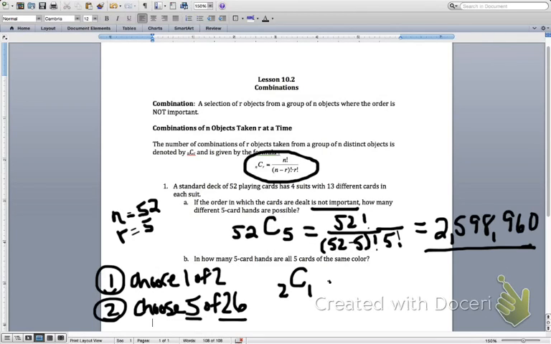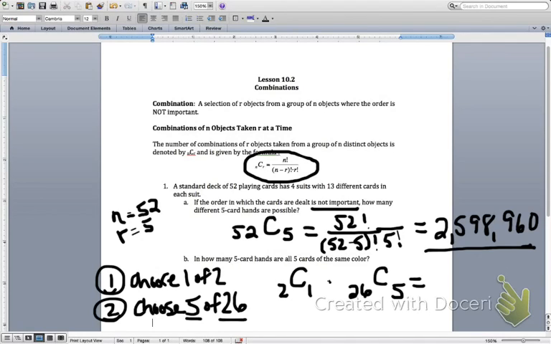So where does the 26 come from? If half of the deck is red, there are 26 cards. Half of 52 is 26. So in other words, after I chose the 1 color, there are 26 cards left, and I'm going to just choose 5 of them. It can be any 5 cards.